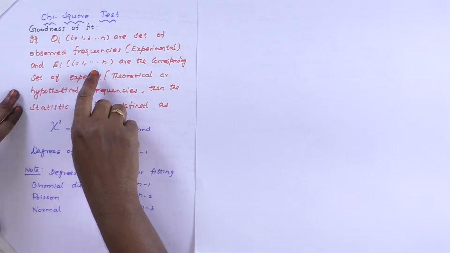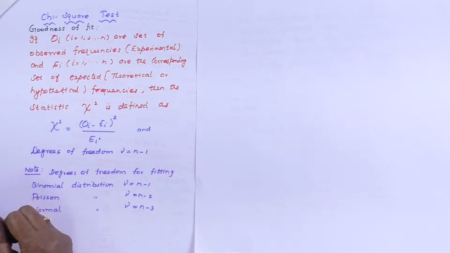For solving chi-square problems, we want two sets of frequencies: one is the observed frequency, another is the expected frequency. The first one is used to find the goodness of fit.